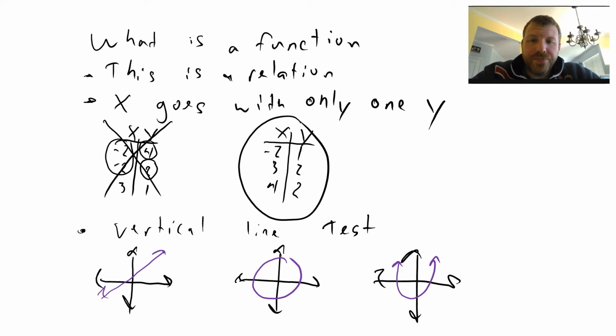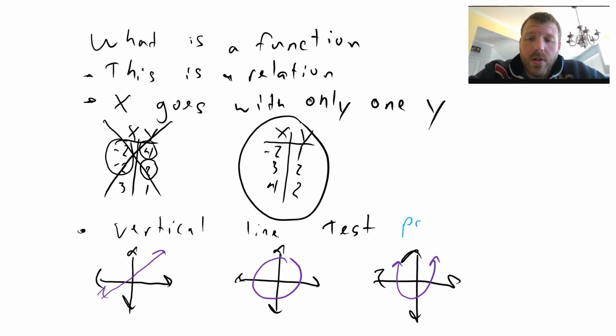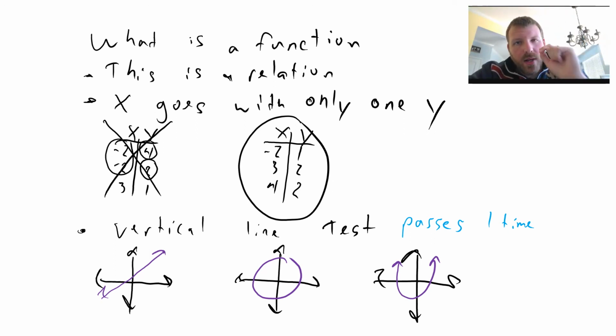If we look at the first graph, the vertical line test says that if it only passes through the graph, not the black x and y's, but the purple here, if it only passes through one time, then it is a function. So if I can draw a line vertically and it passes through only once, then it's a function.